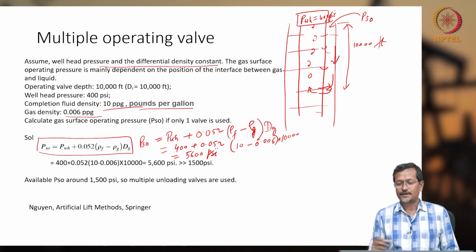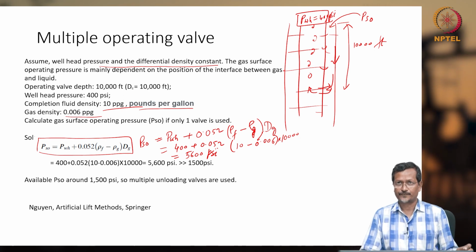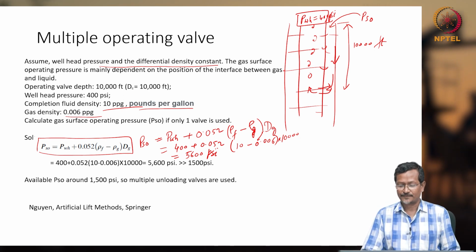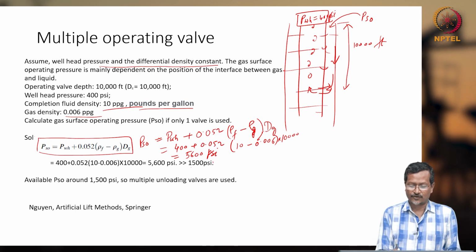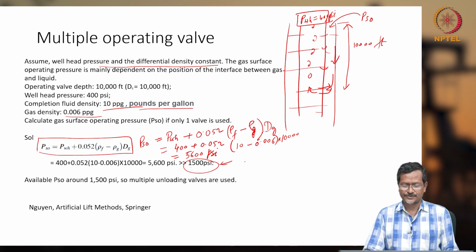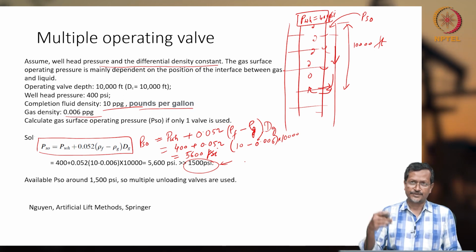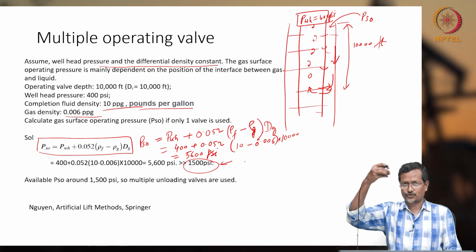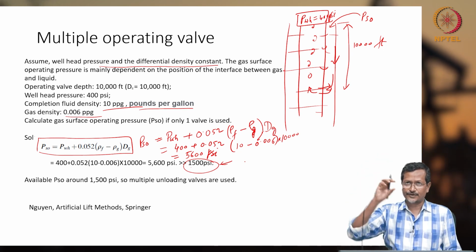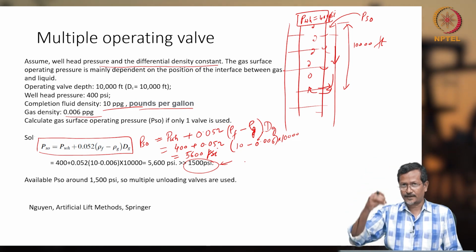But on the surface this much pressure, PSO, will not be available. So what you have to do, you have to put multiple valves. Normally the surface pressure can be 1500 psi, and 5600 psi is very high actually. So what you do, you inject first a valve near the top, then you reduce the hydrostatic pressure of the column, again you activate the next valve, again reduce the column, again the next valve.